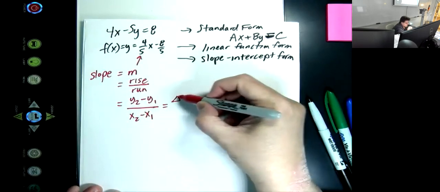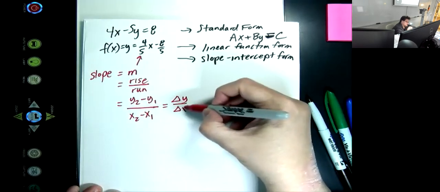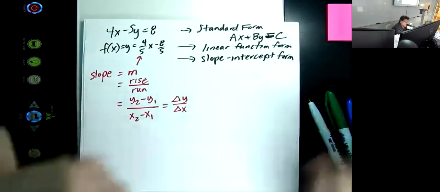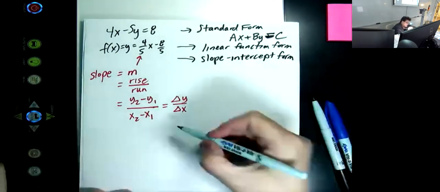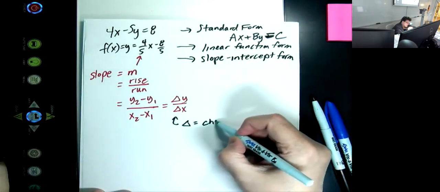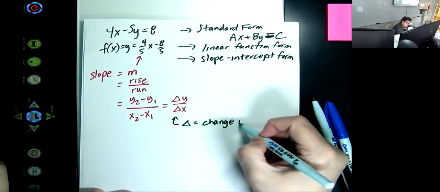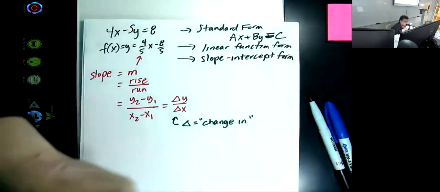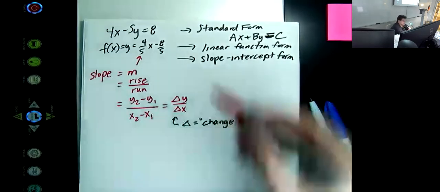They like to write delta y over delta x, because the delta symbol means change in. So that's where we get the name for the slope. The slope is here.